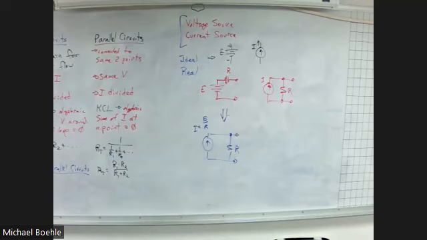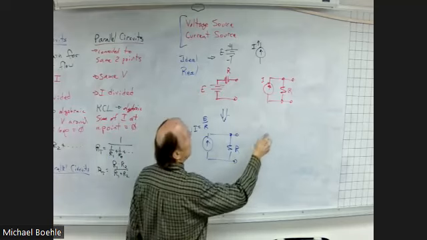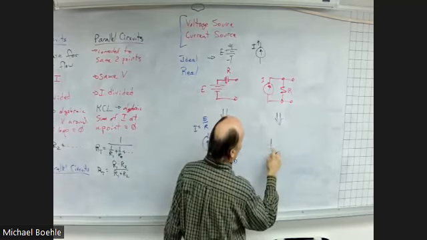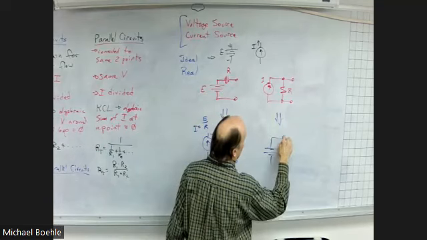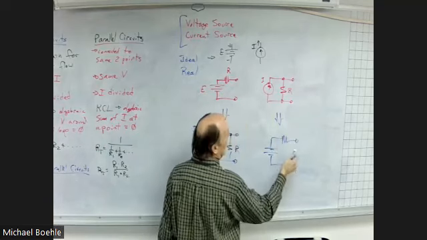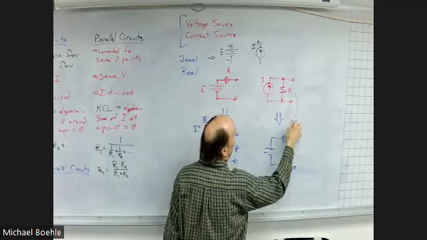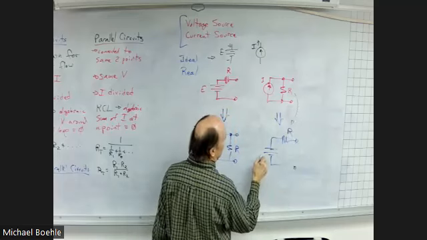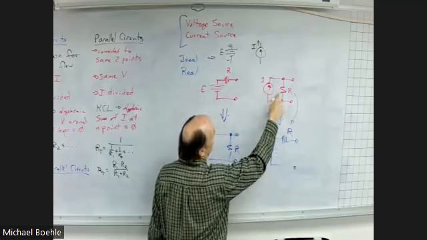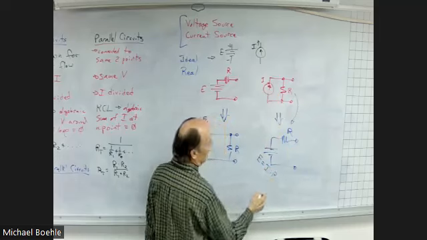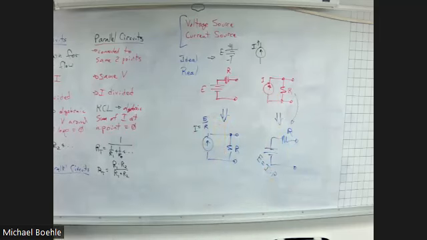That's it. And if I want to convert this into a voltage source, again, the resistance stays the same, and the magnitude of the voltage source simply becomes the current times the resistance. That was our source conversion.